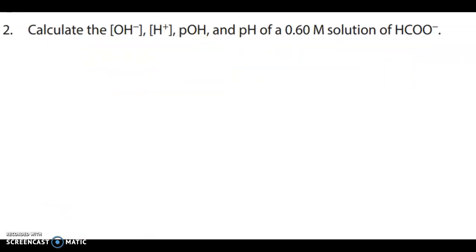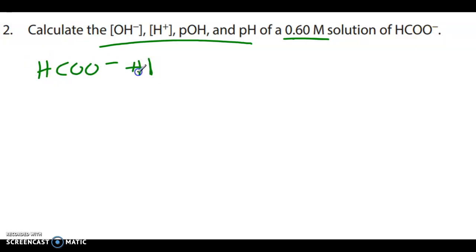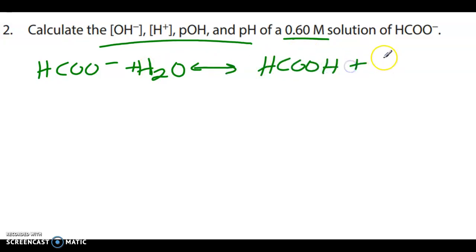Okay. So our next one says calculate, basically wants us to calculate all 4 of our regular variables of a 0.6 mole per liter of this formate. So it's like formic acid or methanoic acid. This is methanoate. So we have COO and this is HCOOH plus hydroxide.